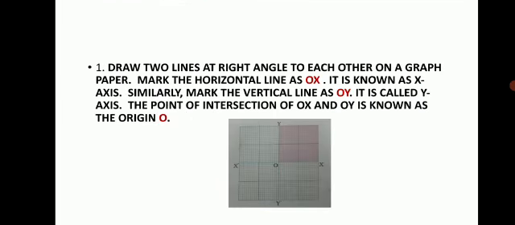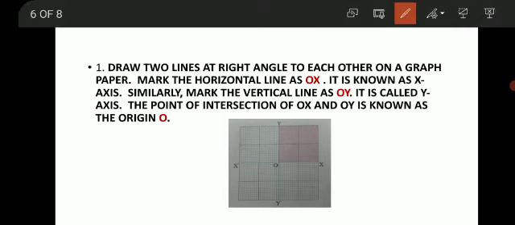How to make that distance time graph? For that we have to draw two lines at right angle to each other on a graph paper. So these are the two lines which are at right angle to each other on a graph paper.